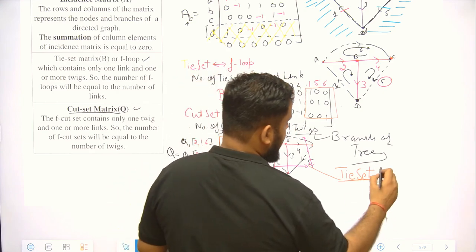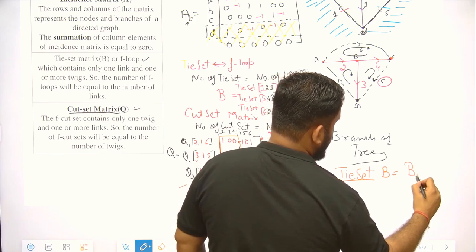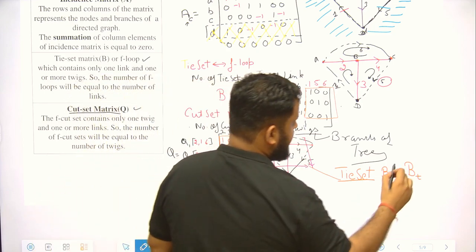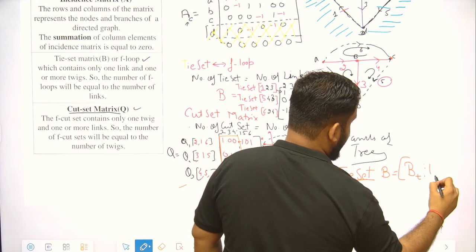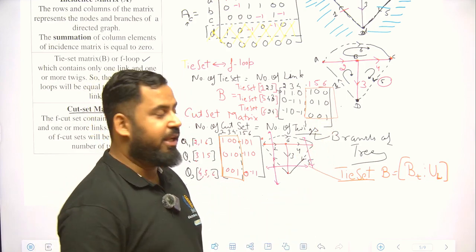The tie-set matrix B can be determined as BT, that is the matrix of twigs, and UL, which is the identity matrix of all the links.